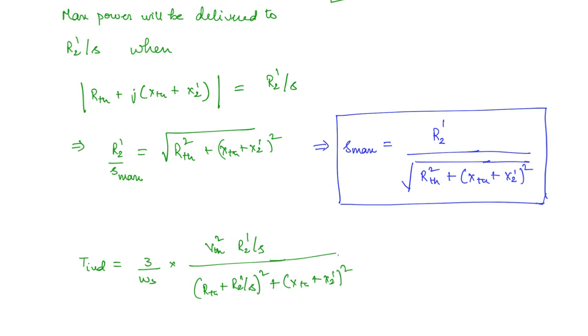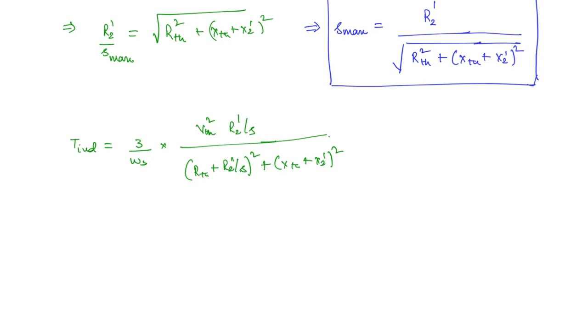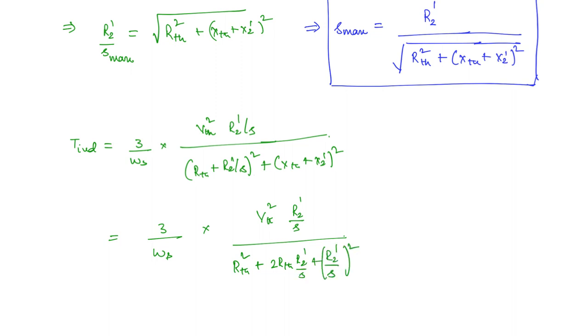So if you simplify this expression, what are you going to get? T induced is equal to 3 by omega S into VTH square R2 dash by S divided by RTH square plus 2 RTH R2 dash by S plus R2 dash by S whole square plus XTH plus X2 dash whole square.